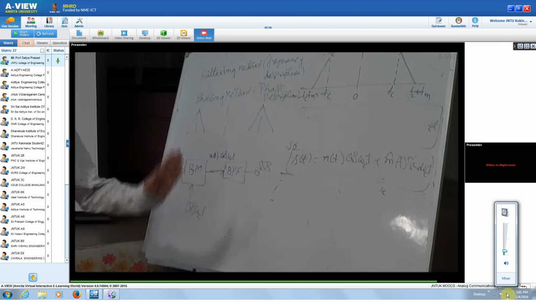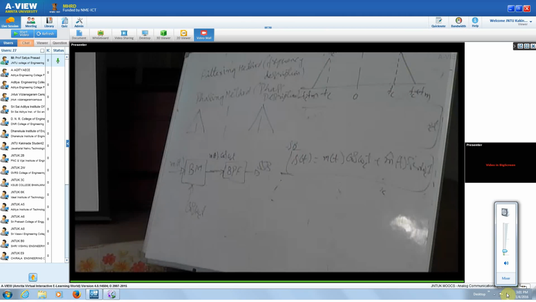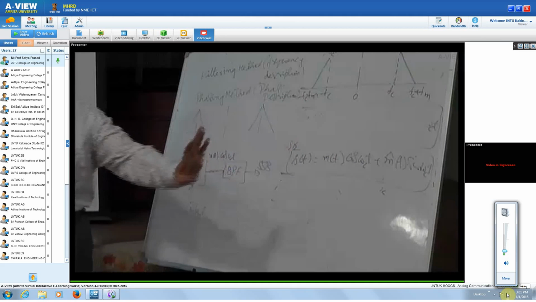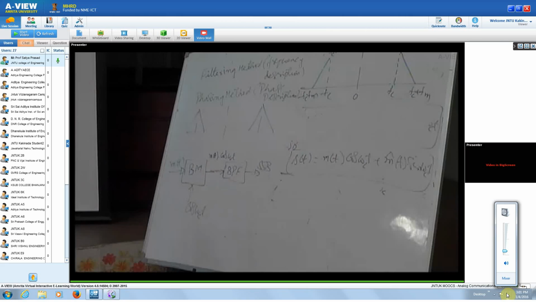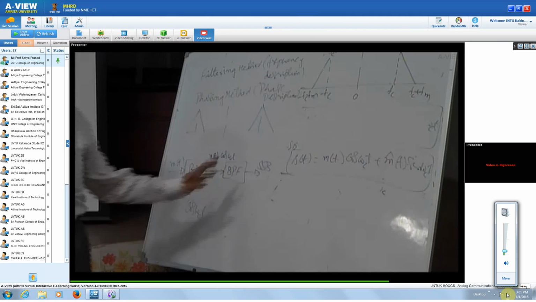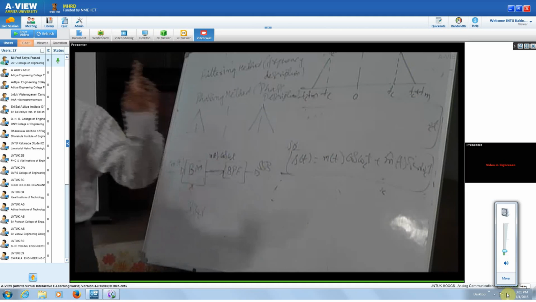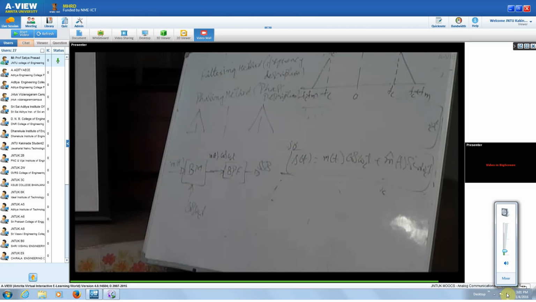A band pass filter with FC to FC plus FM gives you the upper side band, and FC minus FM to FC gives you the lower side band. So whichever one you want, you design your band pass filter accordingly to give you your LSB or USB, or in general the required SSB signal, upper side band or lower side band.